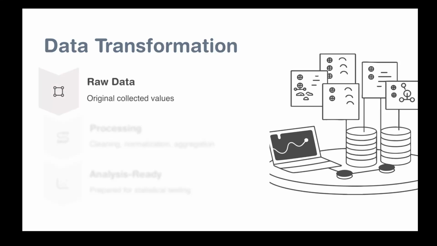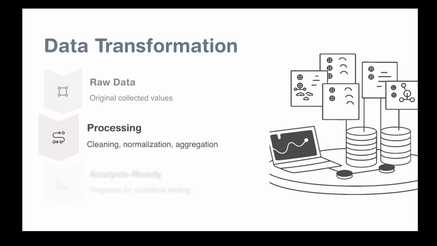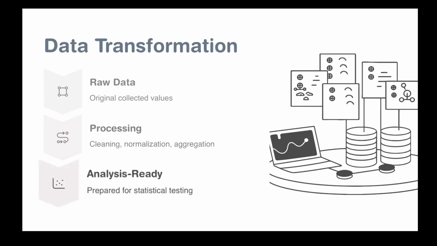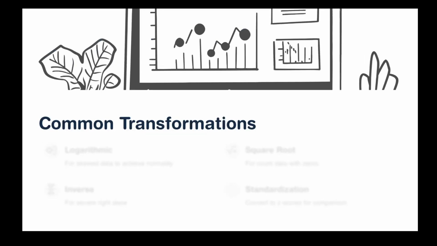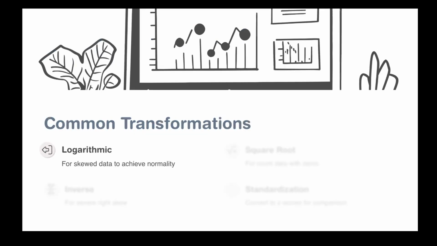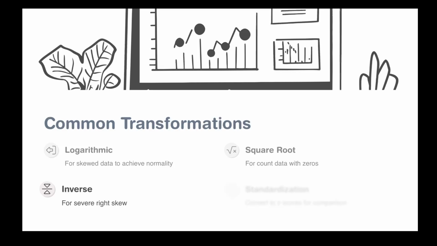And once we do that, we have raw data, right? Raw data are the original recorded values. We clean, normalize, and aggregate, then we make it analysis ready, so we prepare for statistical testing. Common transformations include logarithmic, for skewed data to achieve normality; square root, for count data with zeros; and inverse, for severe right skew; and we standardize, converting to z-scores for comparison.